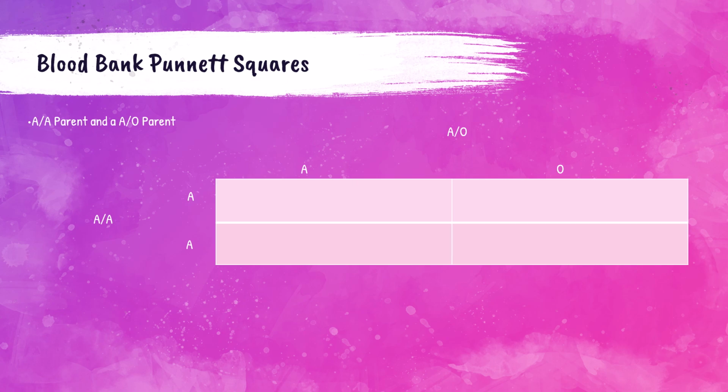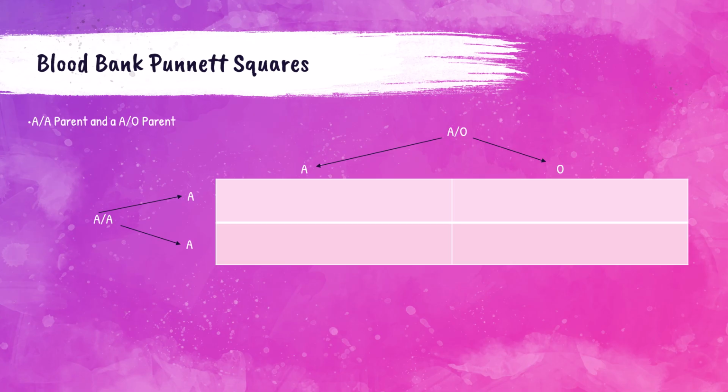So let's do the Punnett square here. On the left-hand side, that first A is going to go there on the left side of the Punnett square. And then that second A is going there. Then up top, that AO parent can either give an A or nothing. So the O, which is the absence of A or B antigen, right?